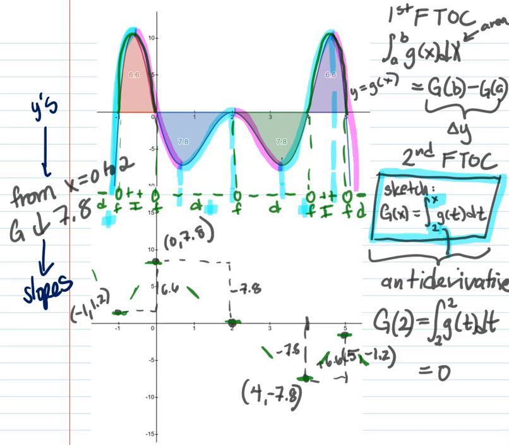So this is going to be concave down, negative, negative, negative. Okay, so if you can see that through all my mess, the lines I dropped down, so right here, here, here, here, where we hit the maxes and mins of little g, those will be the inflection points.